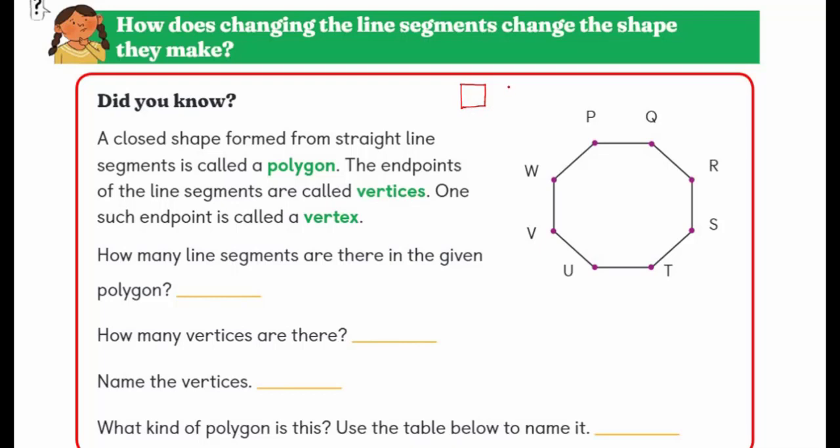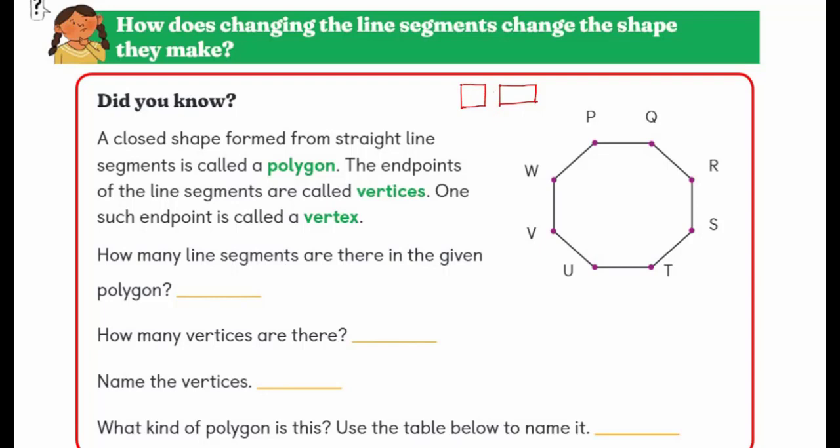If we change the line segments, see here also there are 4 line segments, but they are not of equal length. A few are the same length and a few are different. So changing the line segments changes the shape.